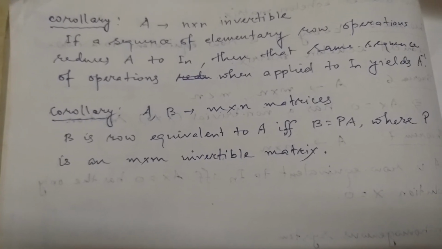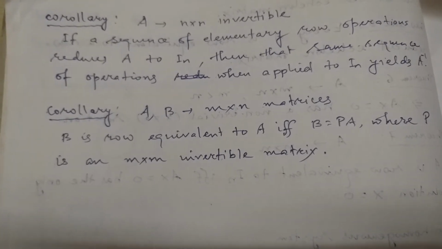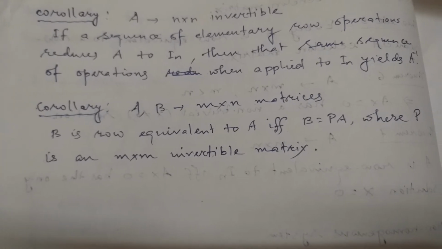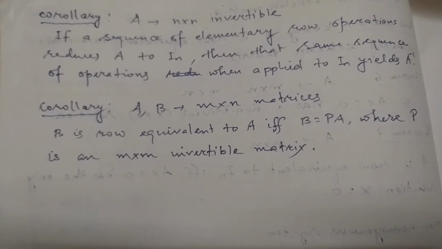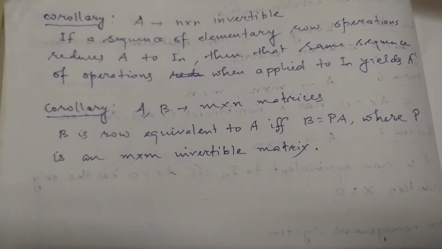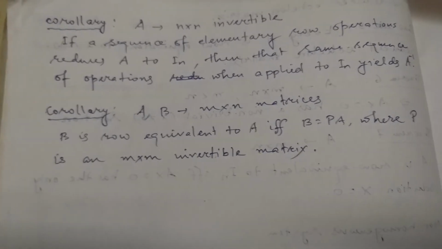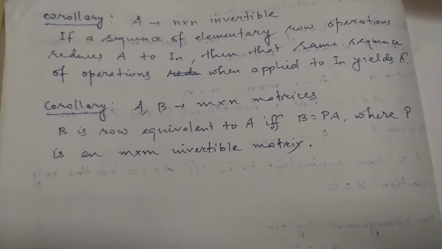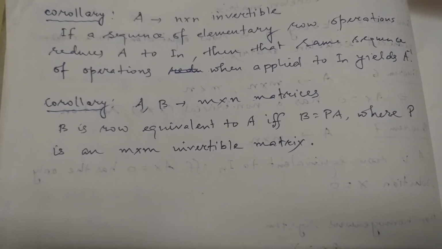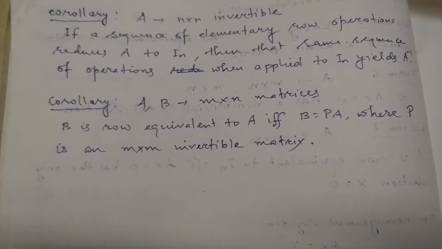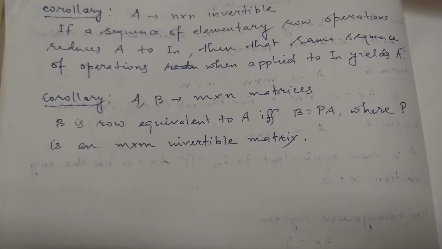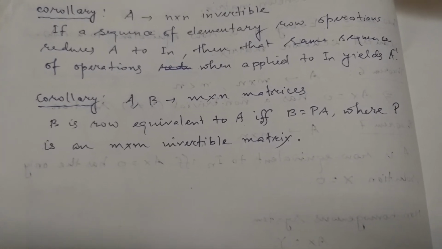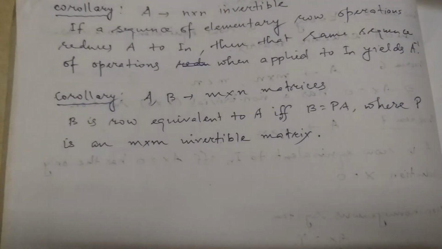Suppose you are given a matrix capital A and you apply some elementary row operations, and ultimately you get the identity matrix In. Now you take this In and apply the same set of elementary row operations with the sequence given above, then ultimately we will get the matrix that is the inverse of A.